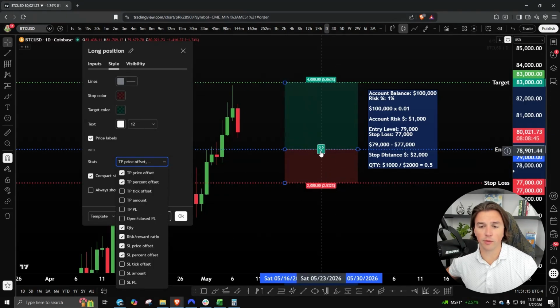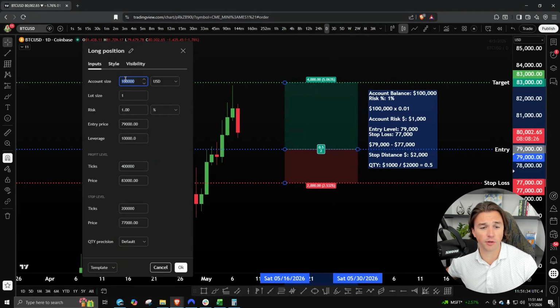So that risk reward number, the 2, that's your risk reward number. You can click the risk reward ratio off, and now you just have your quantity. You see 0.5. Okay, so if I click that off, boom, click it on. Now you see the exact amount that you would need to calculate for your position just by using this tool and entering all the metrics accordingly.